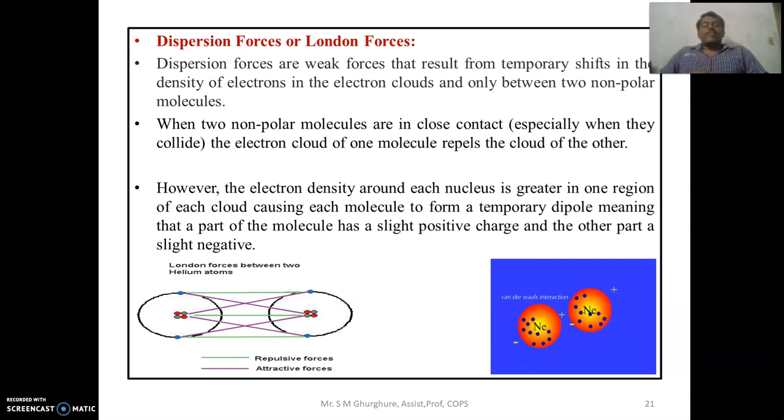However, the electron density around each molecule is greater in one region of each cloud, causing each molecule to form a temporary dipole, meaning that part of the molecule has a slight positive charge and the other part a slight negative charge. Here you have to see what type of bonding occurs between the molecules.